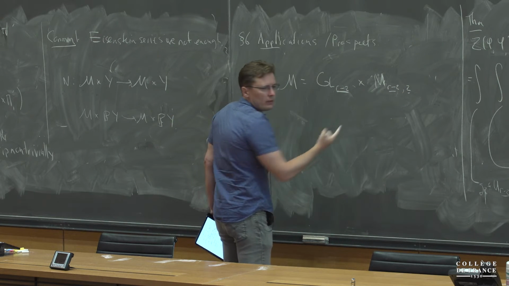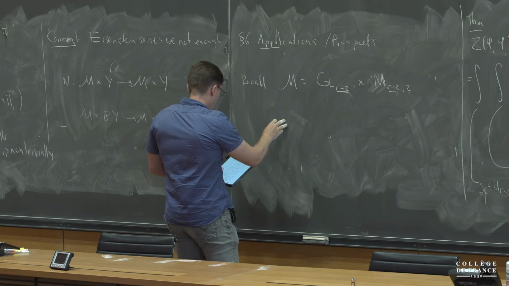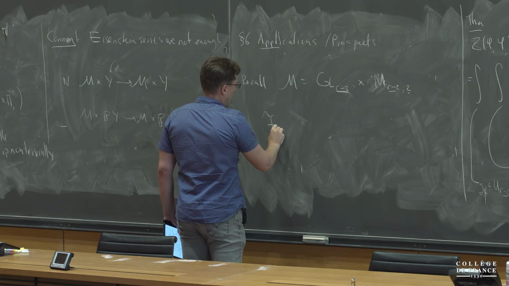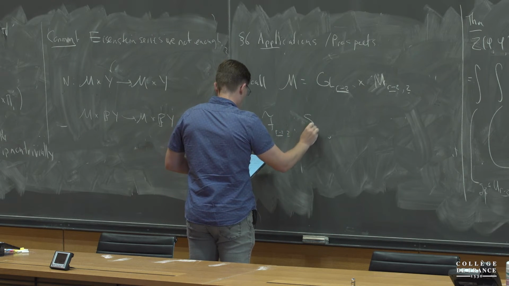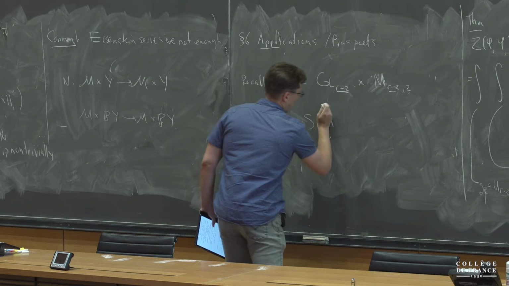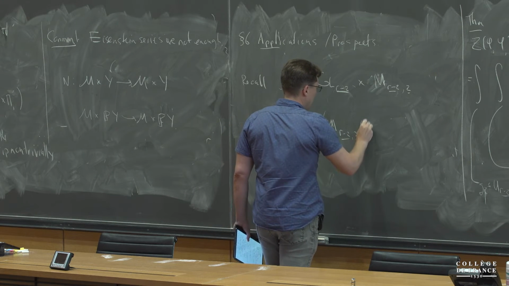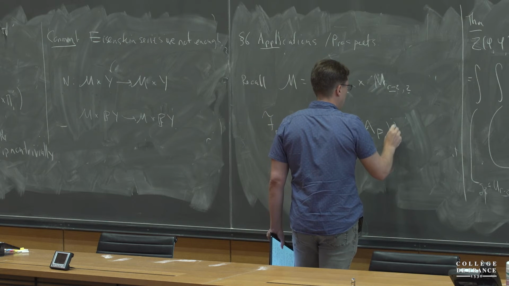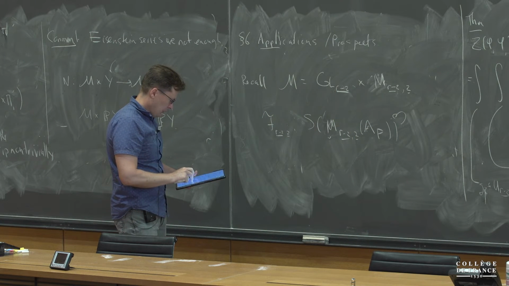And this is just a vector space, right? So we have a Fourier transform on this. We have a Fourier transform F_{r-2,2} from M_{r-2,2}(A_F) to itself. I mean, just pick a pairing on it.